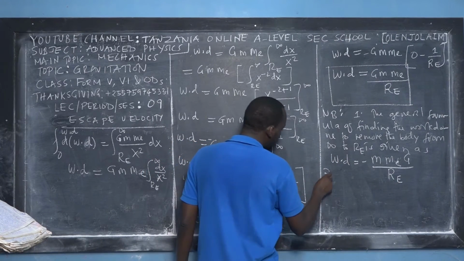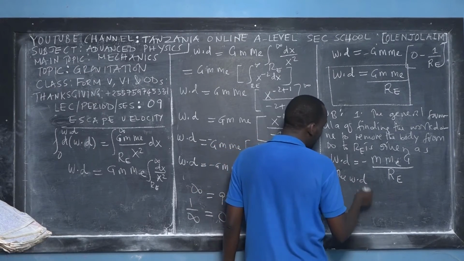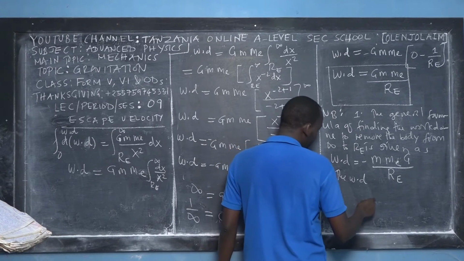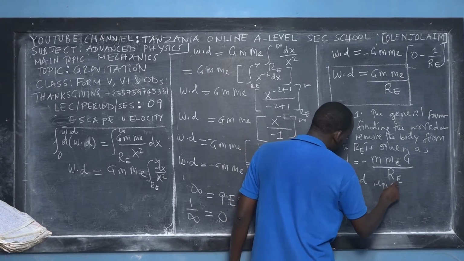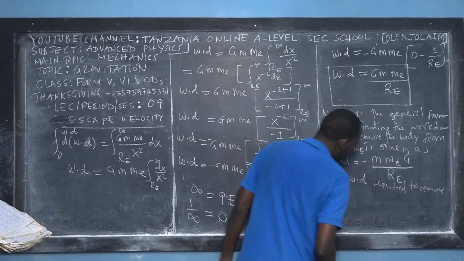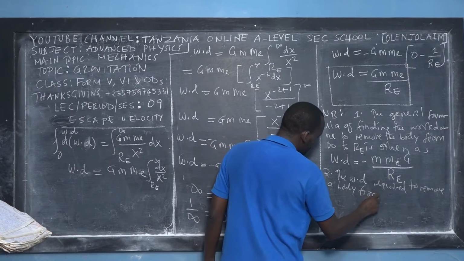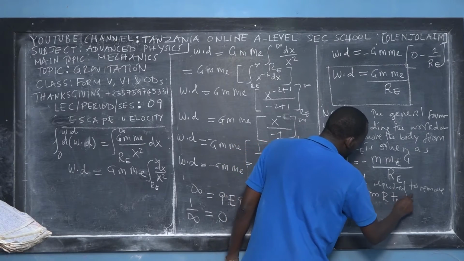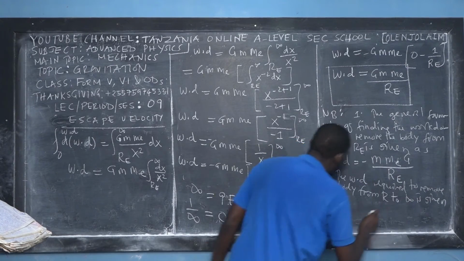So number 2, we say that the general formula for the work done required to remove the body from r to infinity is given as what?